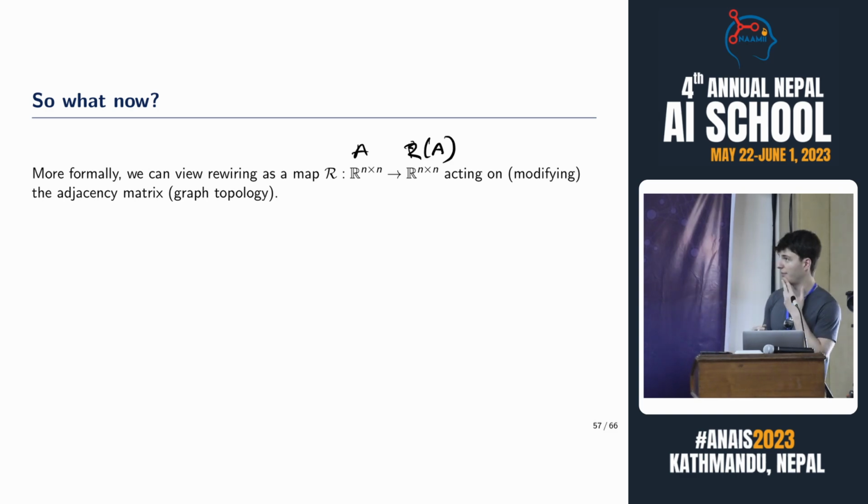This is the main idea. We can formalize this by saying we have a map, R, that takes an adjacency matrix and gives you another rewired adjacency matrix. So this acts on your topology and changes it, based on some heuristic that you may care about. For example, you can try to maximize the spectrum with this map given a budget.